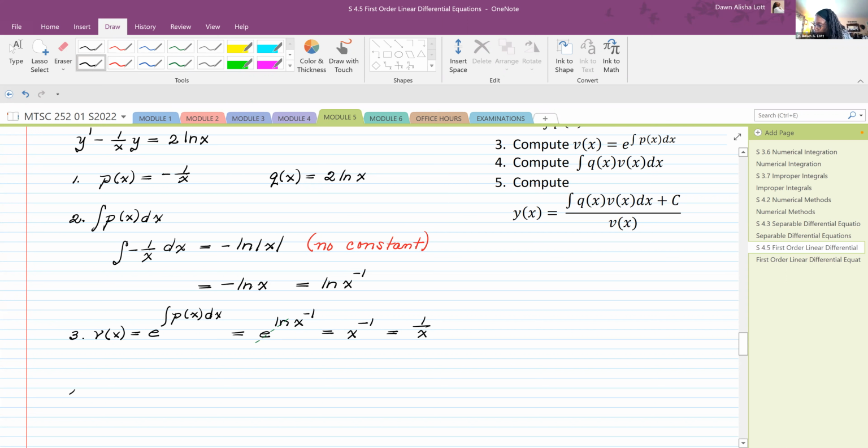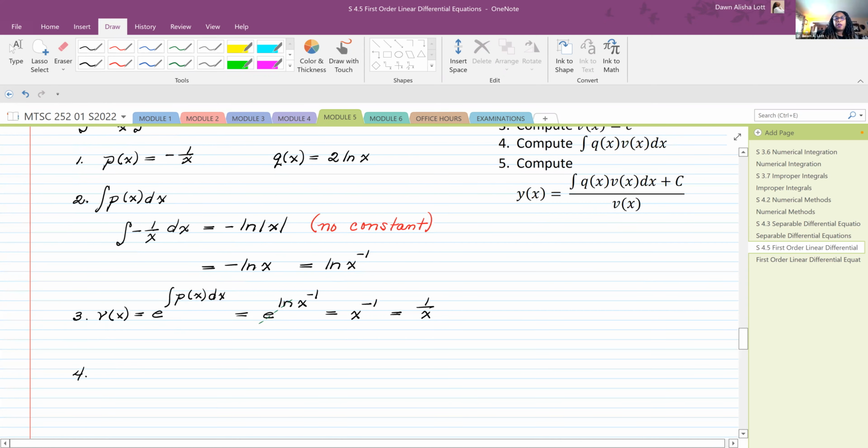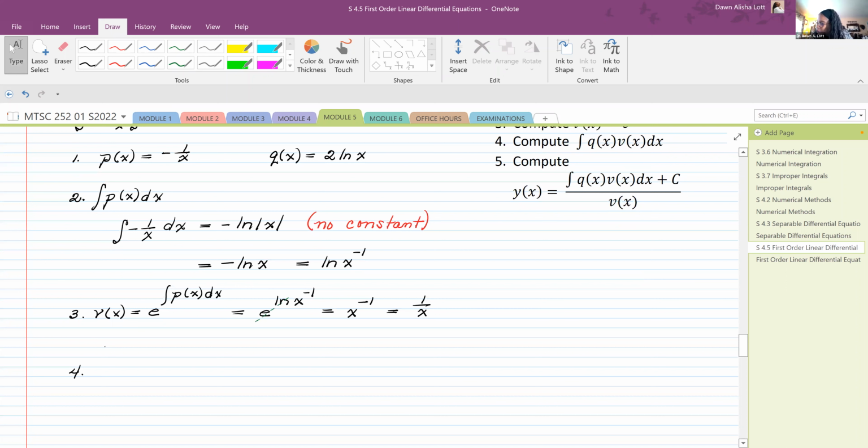Okay, step 4. Step 4 can be the most challenging part of this problem. So we need to compute the integral of Q of x times V of x dx.